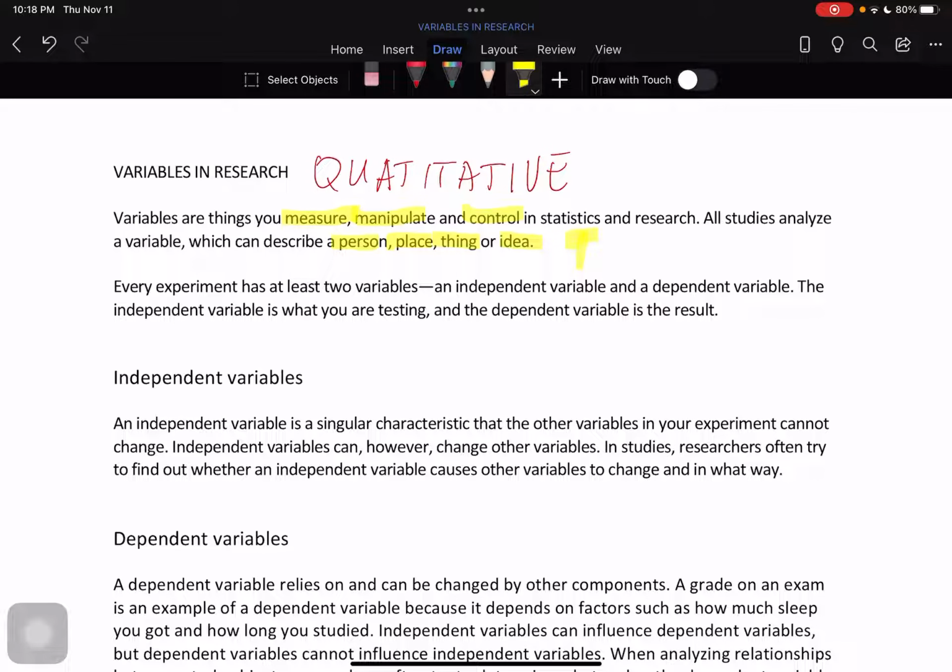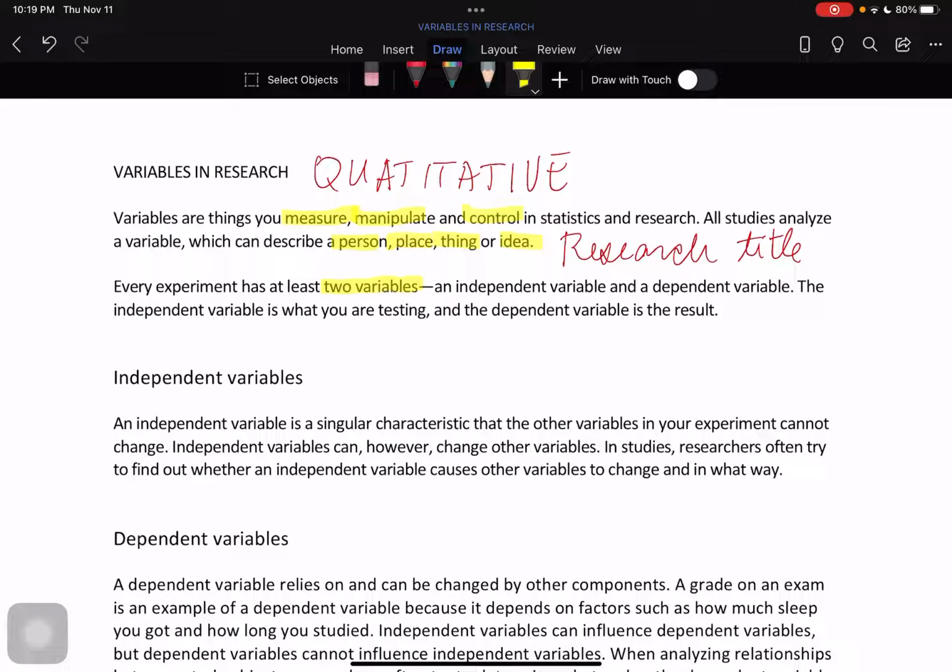Most of the time, you are asked to identify the independent and dependent variable in your research title. In order to do that, you have to establish a clear idea of what these variables are and their characteristics. To continue, every experiment has at least two variables.